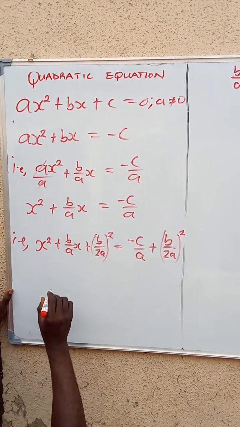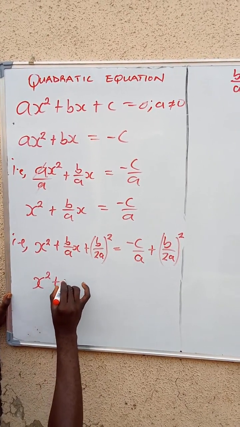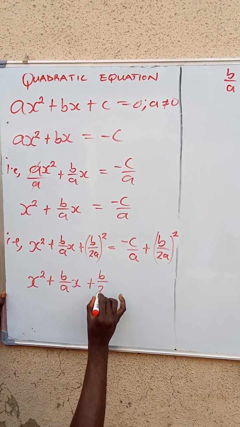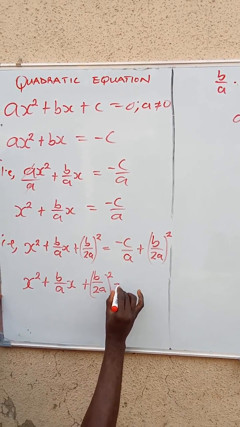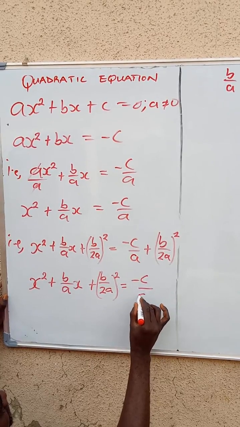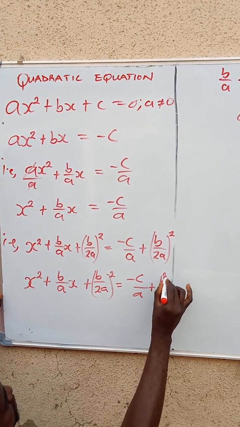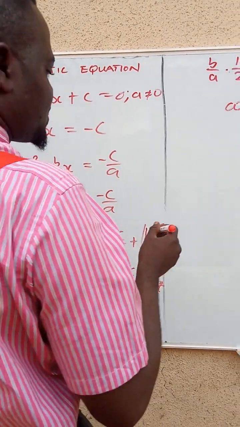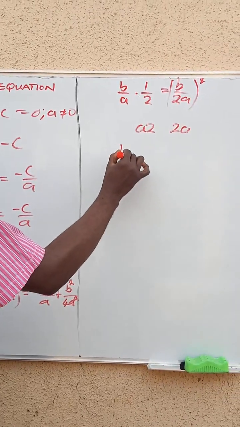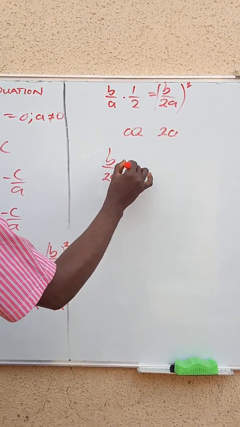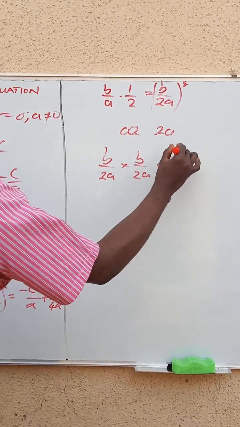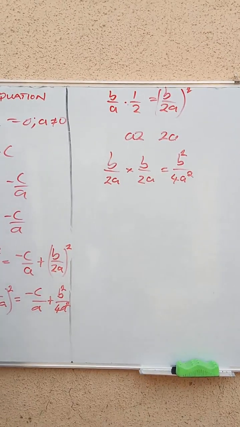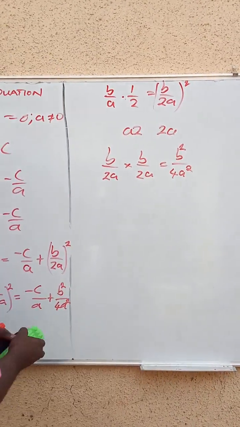Now what you do here again, you bring it like this: x squared plus b over a x plus b over 2a all squared is the same thing as this, minus c over a plus b squared over 4a squared. In this case, what we did is to open this: b over 2a multiplied by b over 2a, which is b squared over 4a squared. a times a is a squared, 2 times 2 is 4. So that is what I did there.